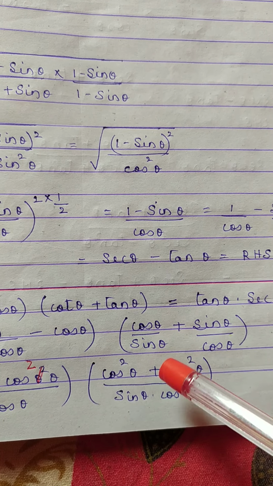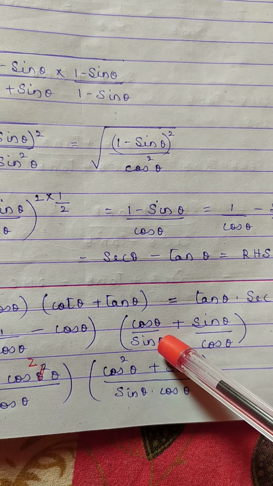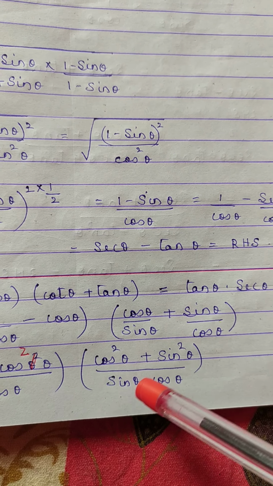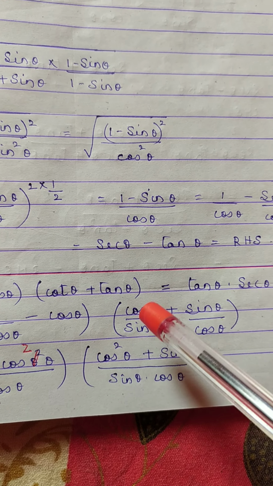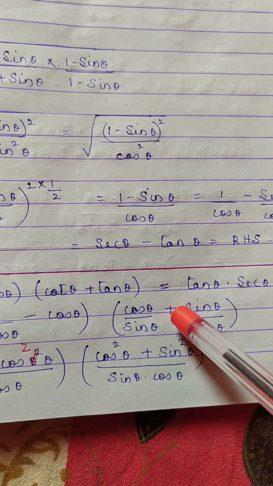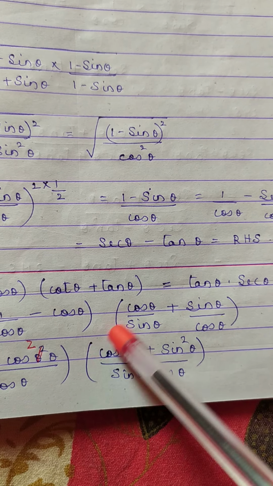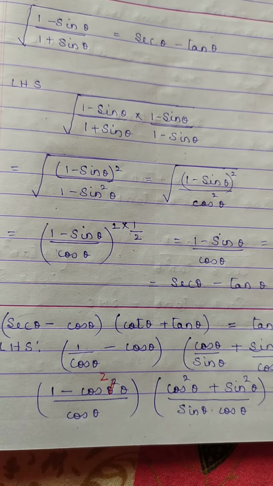This is, see again LCM. Sin theta cos theta is the denominator. Sin theta goes cos theta times cos into cos square. Cos goes sin times sin into sin square. Or you can also understand it this way. Cos into cos square plus sin into sin square upon sin theta into cos theta. This is how we have got this part of the fraction.